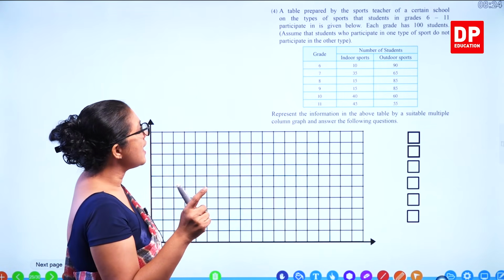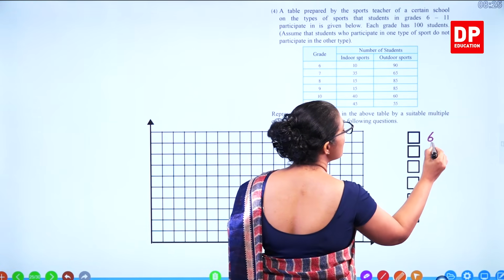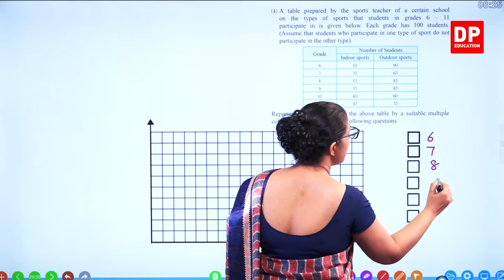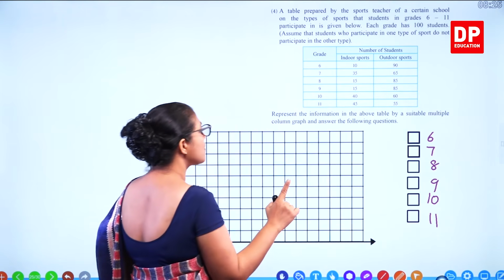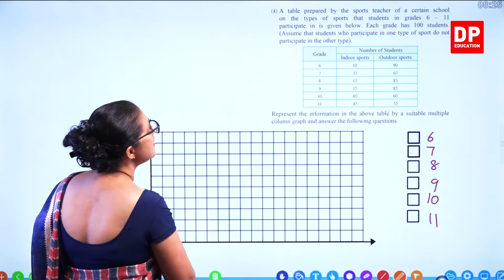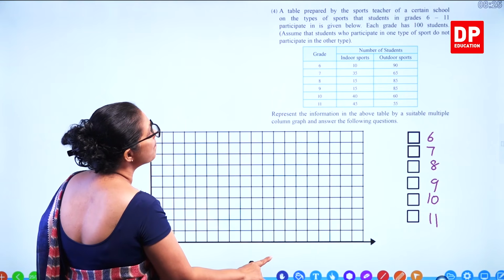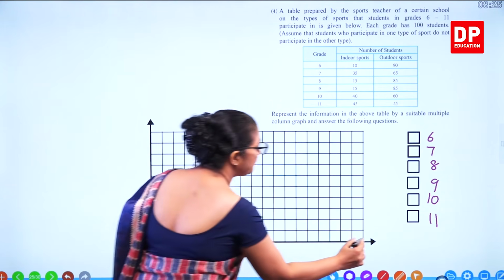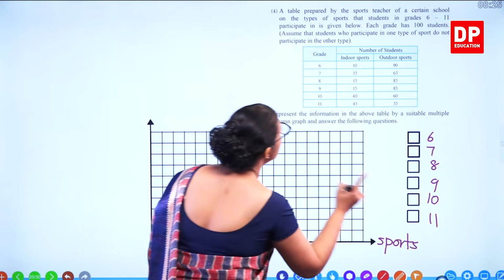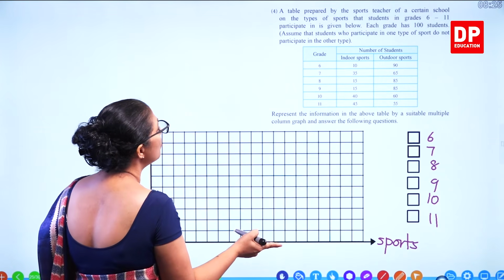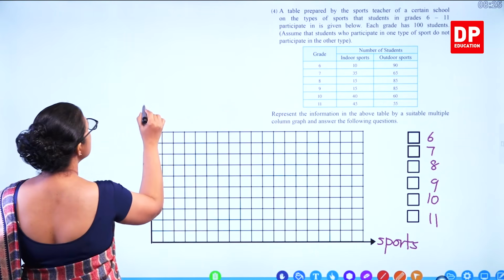First we'll take the bars like 6, 7, 8 grades here, 9, 10, 11. This one is the sport type: indoor or outdoor, and number of students here.